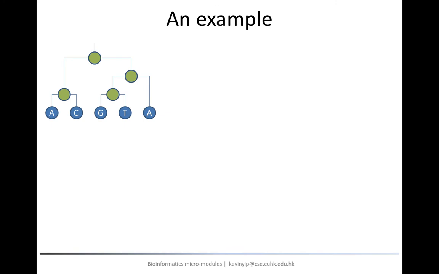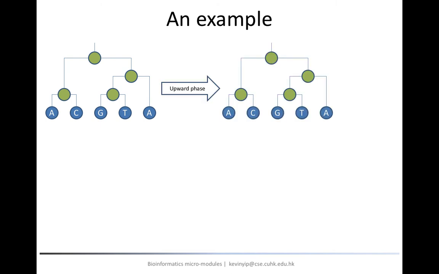Let's use our previous example to illustrate this algorithm. Starting with the input sequences and the tree topology, we have 4 internal nodes, the nucleotides of which are to be decided. In the upward phase, we fill in the preference sets one by one upward. First, for this internal node with the two children preferring A and C, there are no common nucleotides in the two preference sets, and therefore, this node keeps their union as its own preference.